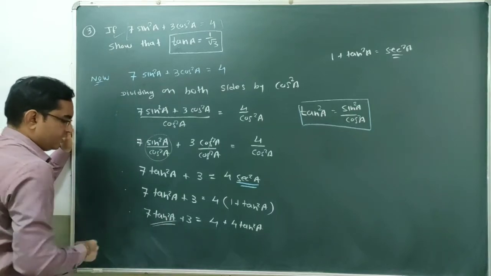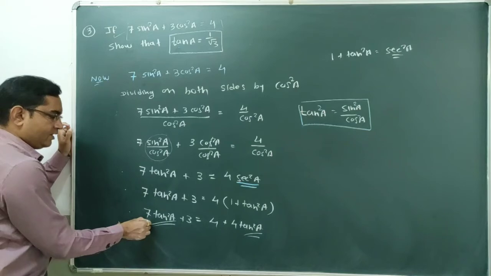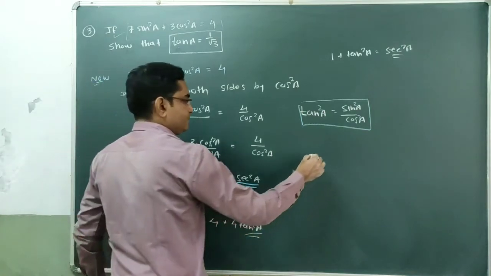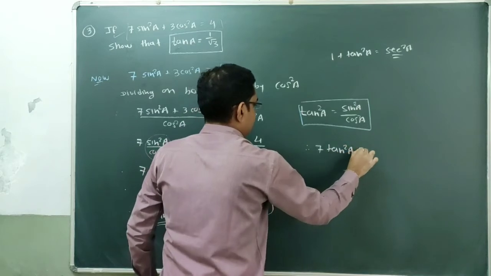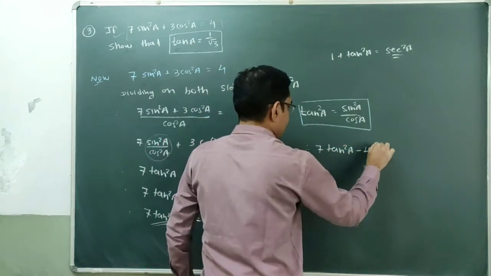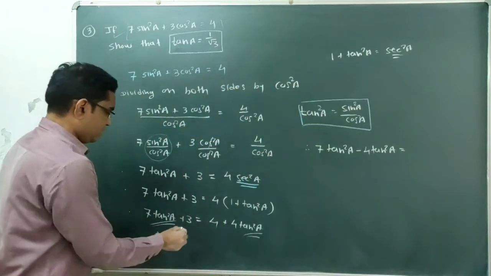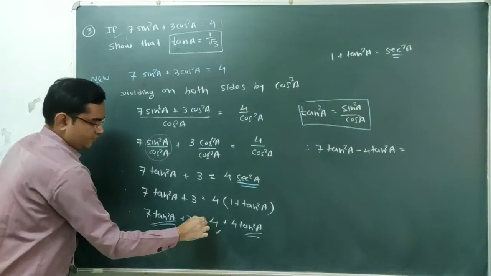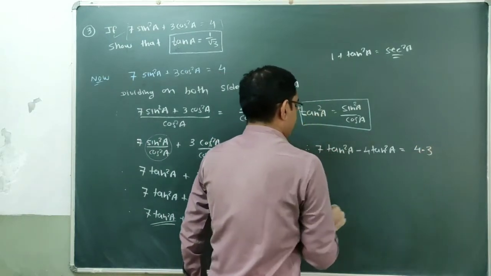Now this is 7 tan square a, taking this 4 tan square a to the left hand side. So 7 tan square a minus 4 tan square a equals, now taking this 3 to the right hand side, 4 minus 3, which will be 1.